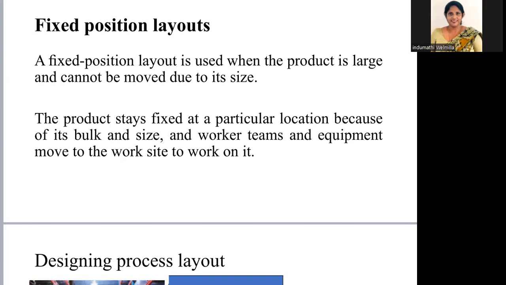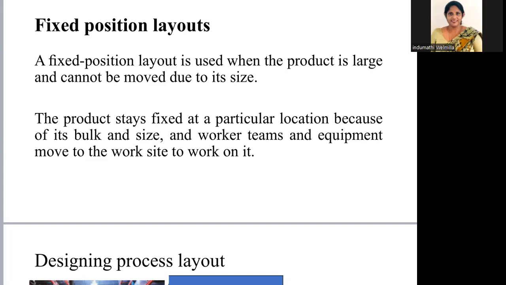Very clear, no? In a fixed position layout, the product stays fixed at a particular location because of its bulk and size, and worker teams and equipment move to the work site to work on it, right?